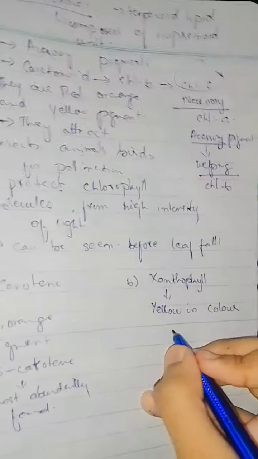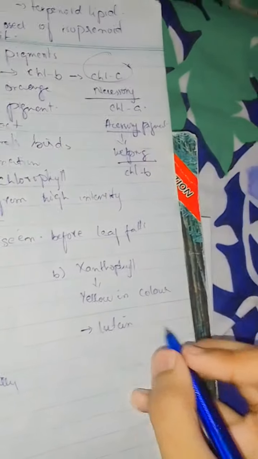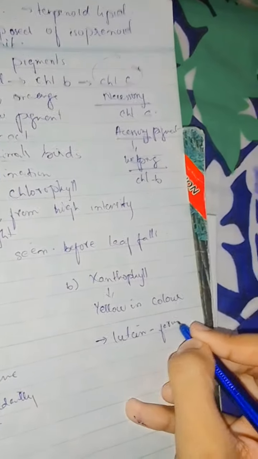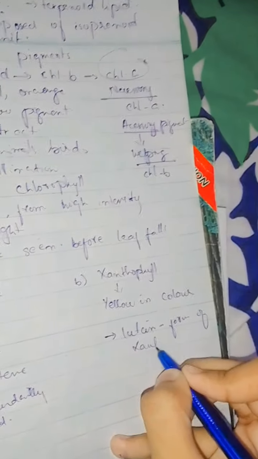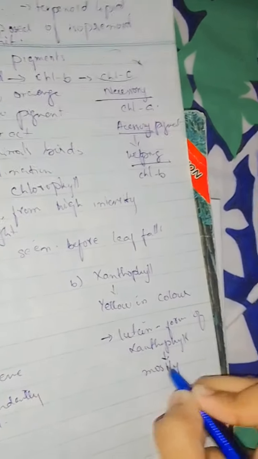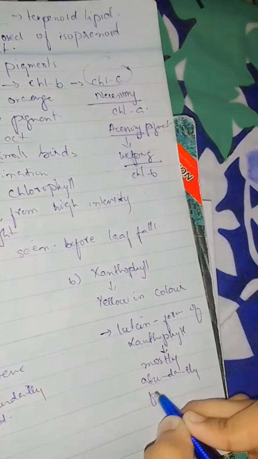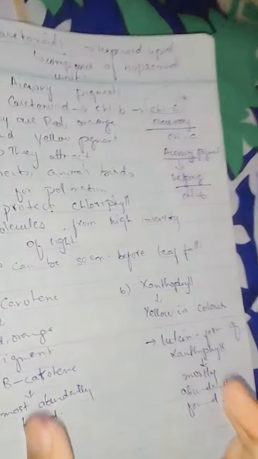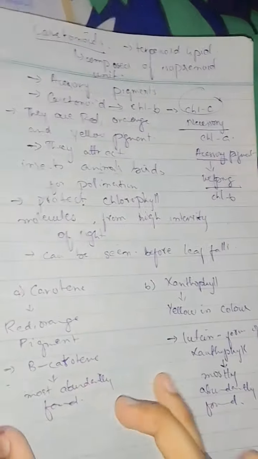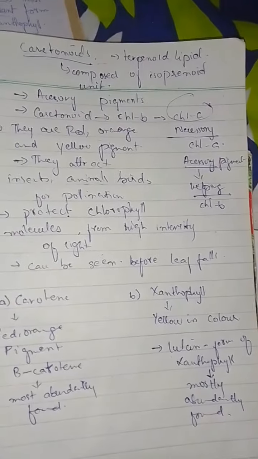If we talk about xanthophyll, lutein is a form of xanthophyll that is most abundantly found in nature. That is the difference between them: beta carotene is the most abundant carotene, and xanthophyll is yellow in color.